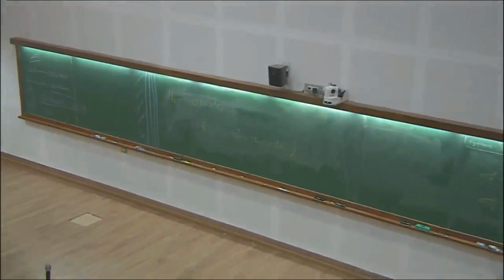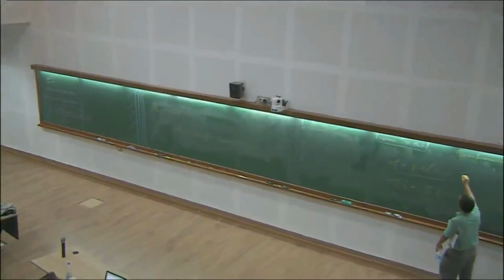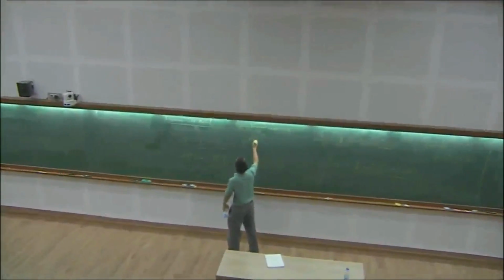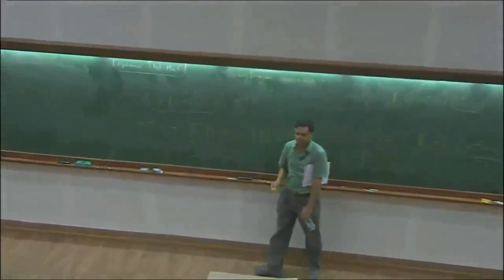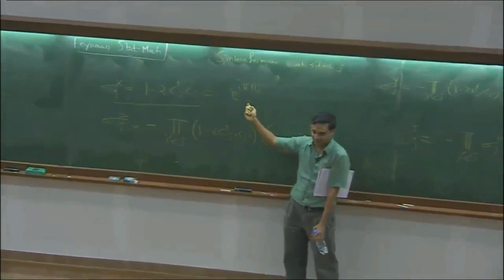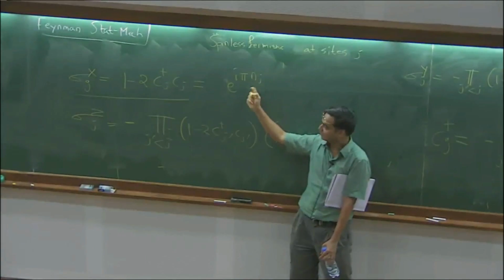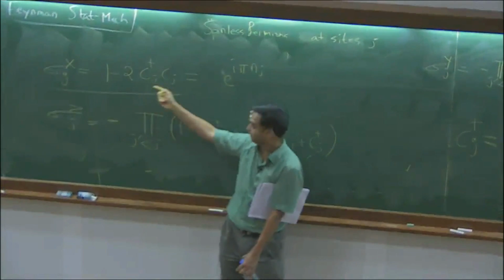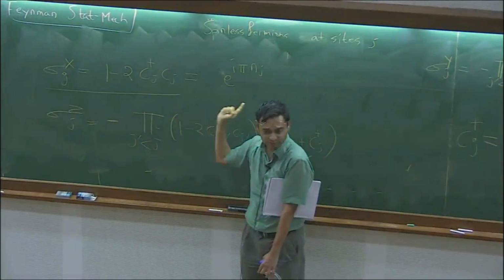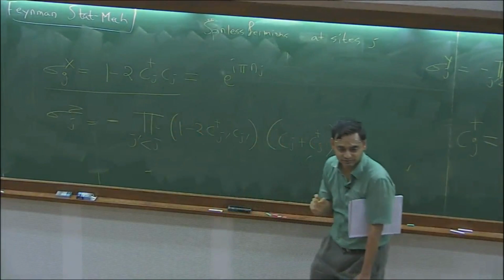So it's actually convenient to rewrite this as e to the I pi n_j. You can check, since n_j can only take two values, it's a trivial rewriting, just check it by hand. If n_j is 0, this is 1 and that's correct. If n_j is 1, this is minus 1 and that's also correct. So this is a correct formula if C's are fermions, right?